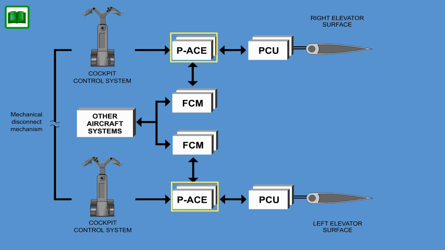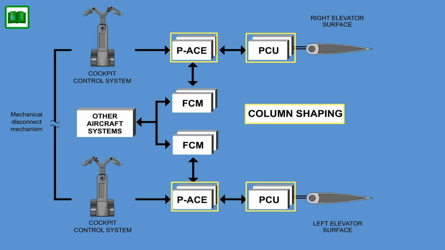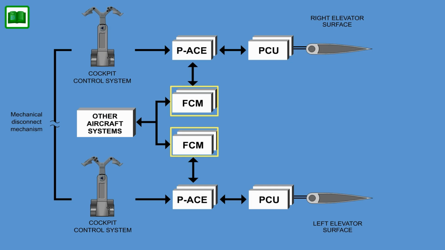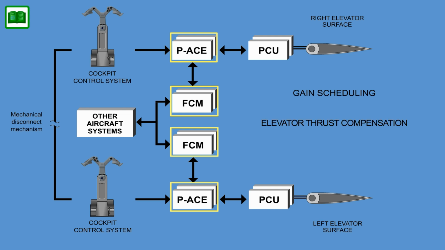A total of 4 primary ACE channels are used to independently control each of the 4 PCUs, providing the analog elevator control functions implemented in the primary ACE channels, such as column shaping, to vary the control column to surface gearing as a function of flap slat position. 4 independent flight control module units, located in MAU 1 and 3, provide high-level system augmentation to the primary ACE channels, such as gain scheduling as a function of airspeed, elevator thrust compensation, and angle of attack limiting.